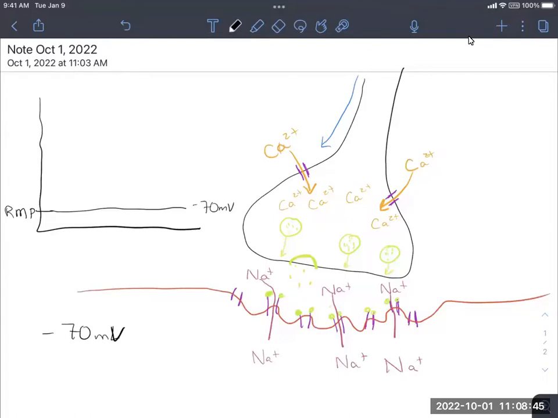That acetylcholine is going to bind to these chemically gated ion channels, and that's going to open them and allow sodium to come into that muscle cell. So we start at negative 70.